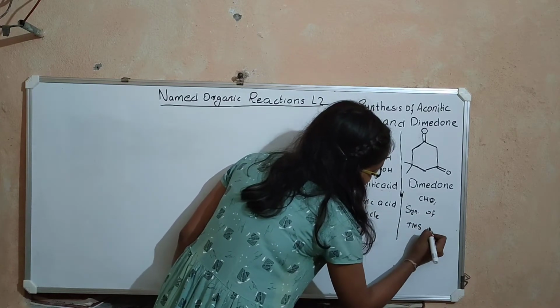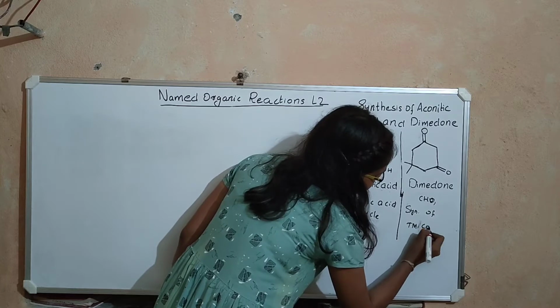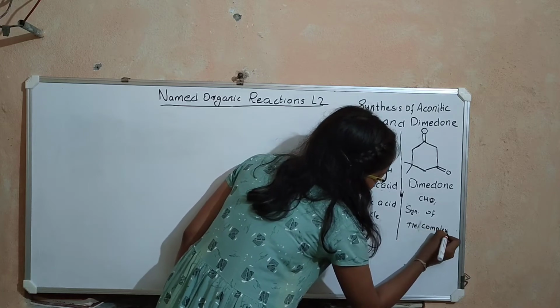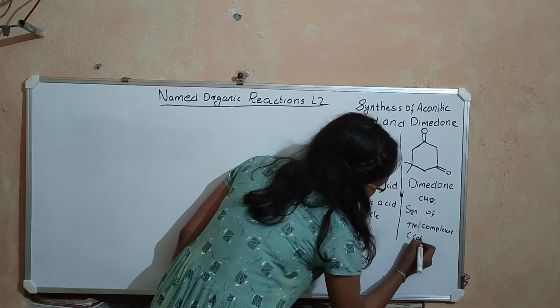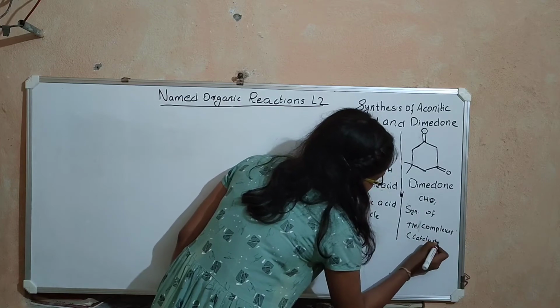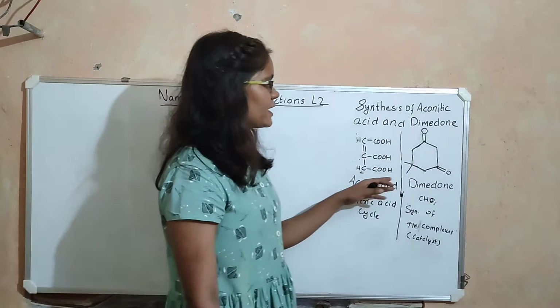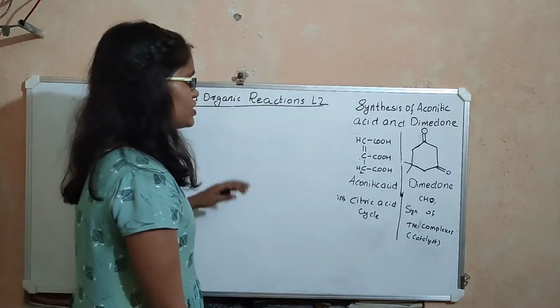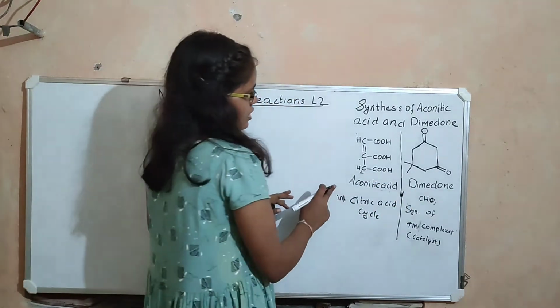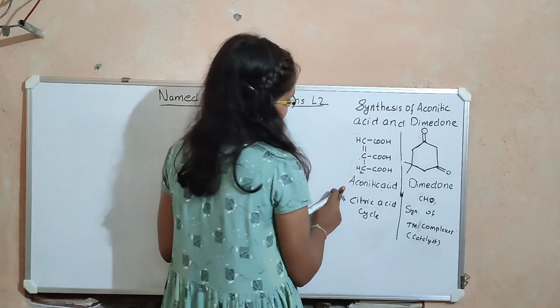Okay. So let us see how we synthesize aconitic acid and dimedone based on the Michael addition reaction. Now let us first start with aconitic acid.